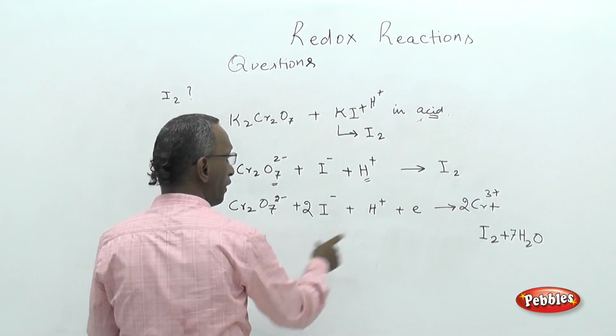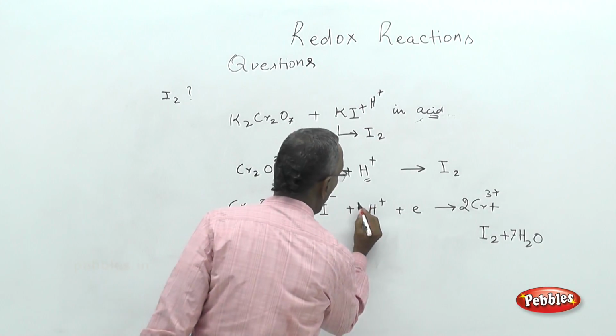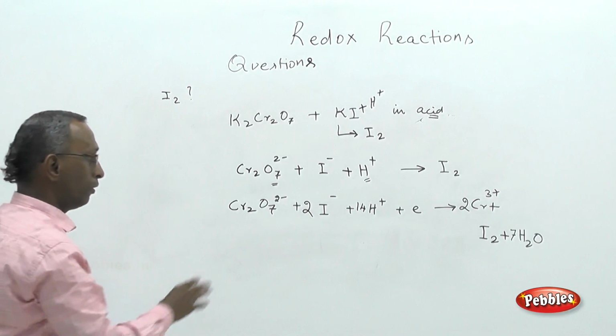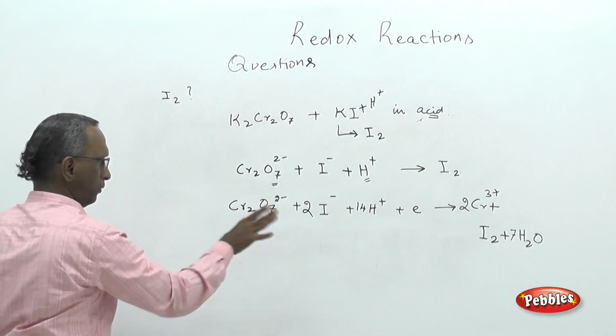The only source on the reactant side is 14 H plus. Now we can cross-check once again.